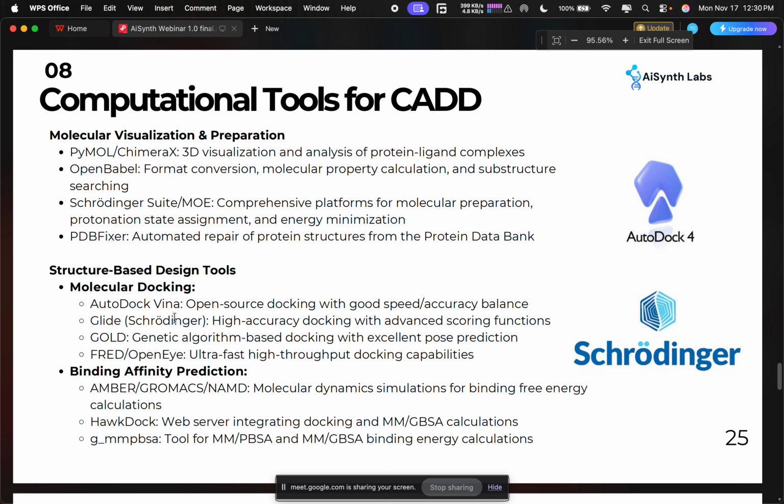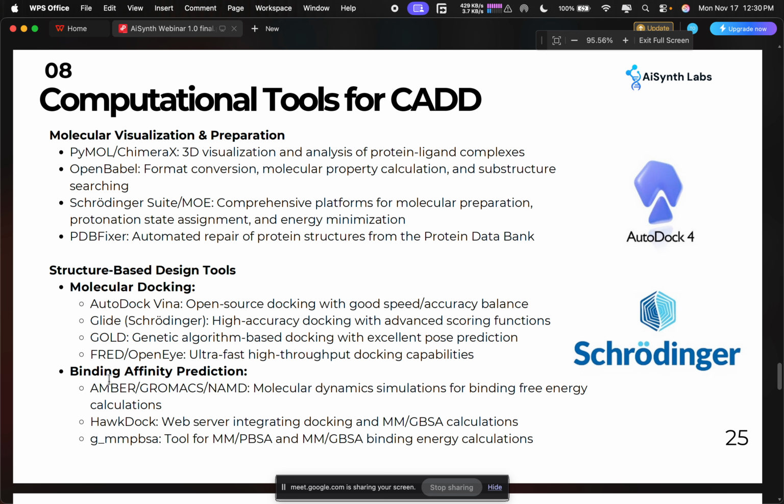It's a suite of applications or platforms. So it's like Microsoft Office, where you have PowerPoint, you have Word, you have Excel, you have Outlook, you have so many things. Yeah, so that's how it is. Schrodinger has PyMOL inside of it. It has Maestro.